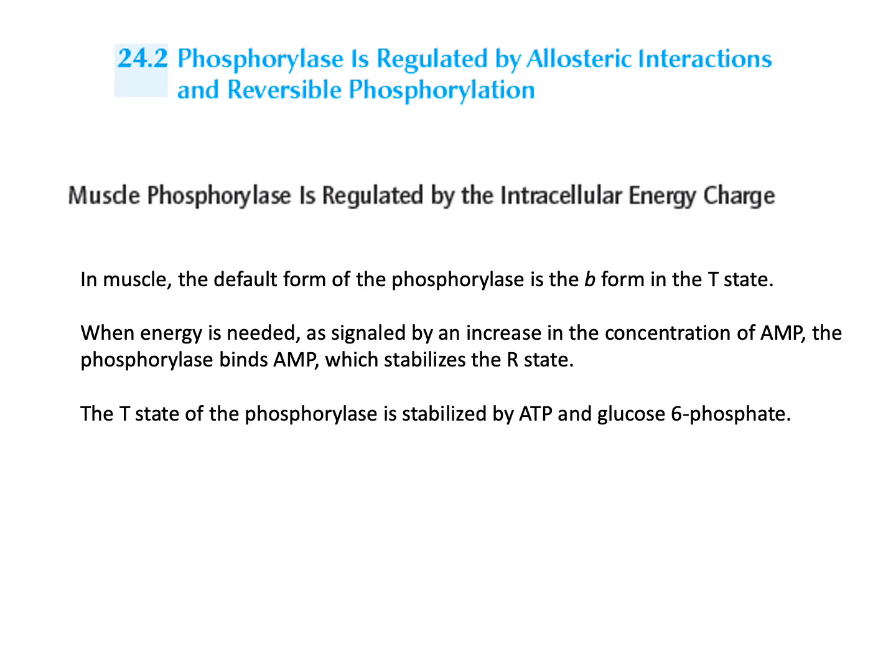The B form is the inactive form, and the T state is the tense state that has a low affinity to oxygen. When energy is needed, as signaled by an increase in the concentration of AMP, the phosphorylase binds AMP, which stabilizes the R state. The T state of the phosphorylase is stabilized by ATP and glucose 6-phosphate.